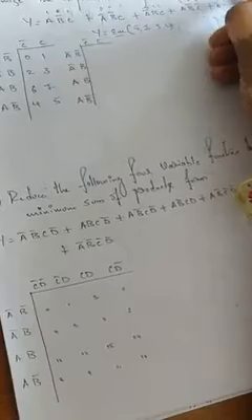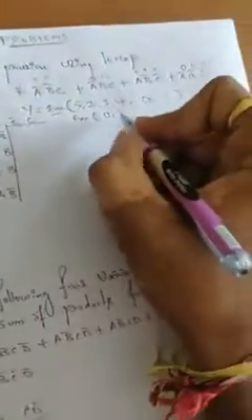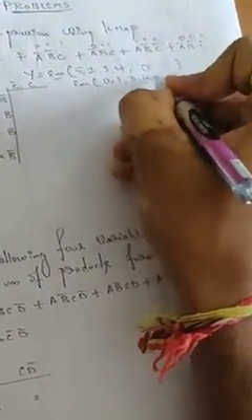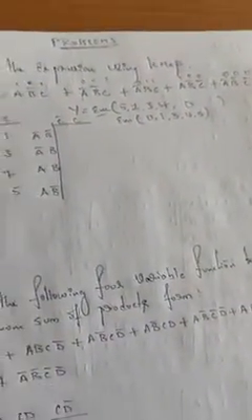This is 1, 0, 0, nothing but 4. This is 0, 0, 0, so nothing but 0. So this can also be written as summation of m 0, 1, 3, 4, 5. This is how it appears. So first thing you are supposed to do is like this.